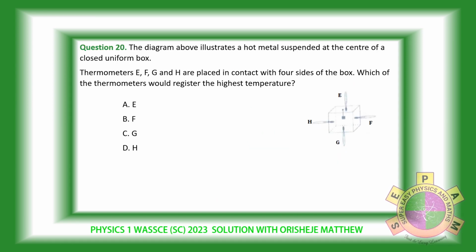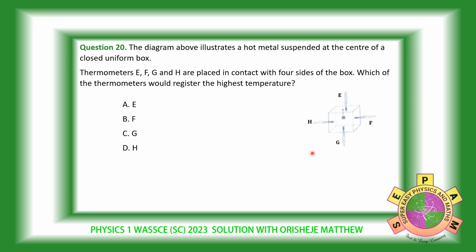Question 20. The diagram above illustrates a hot metal suspended at the center of a closed uniform box. Thermometers E, F, G, and H are placed in contact with 4 sides of the box. Which of the thermometers would register the highest temperature? This is a simple question.